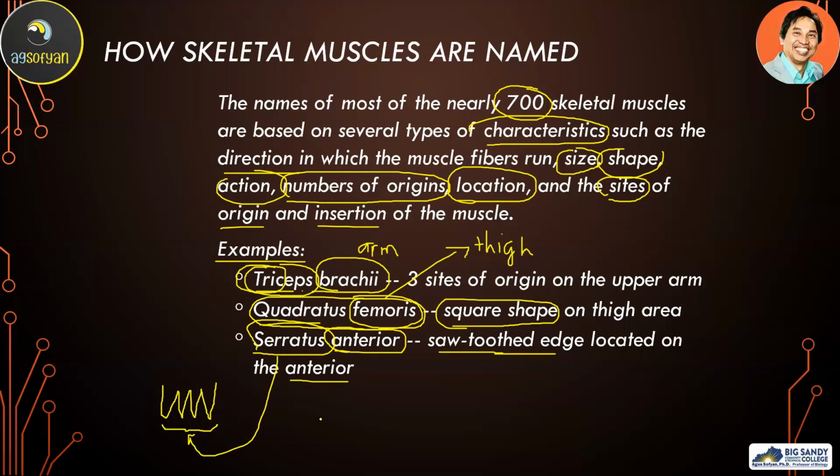We are going to see these muscles later. So these are examples of how muscles are given names, based on their characteristics, location, origin, and other things.